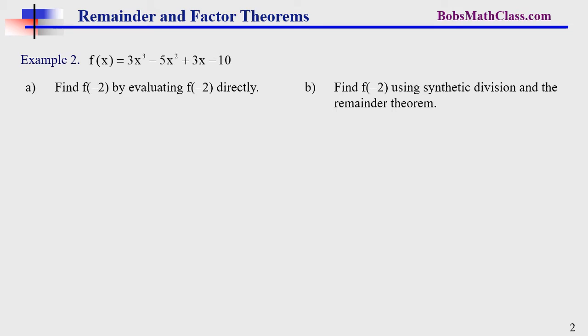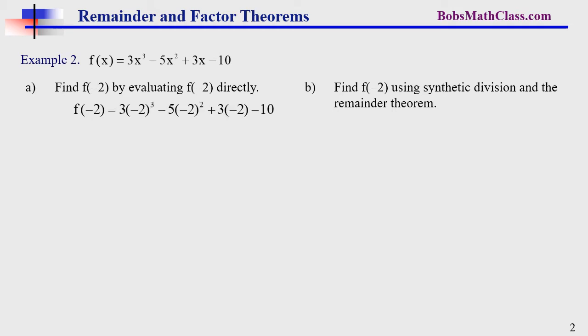Okay, here's another example. Here's our function, f of x equals 3x cubed minus 5x squared plus 3x minus 10. Let's first find f of negative 2. We're going to evaluate negative 2. We're going to replace every x with a negative 2.